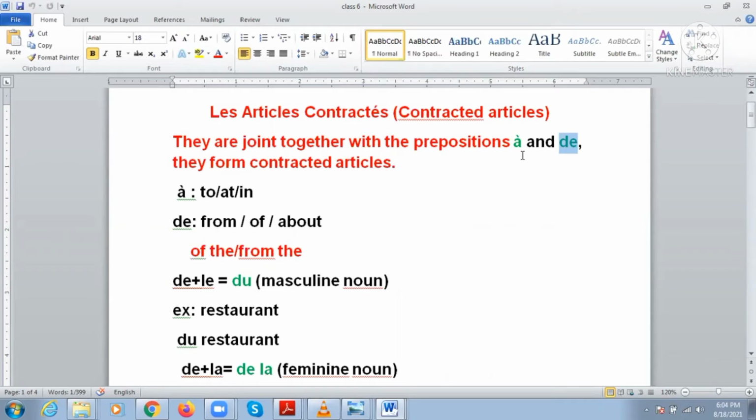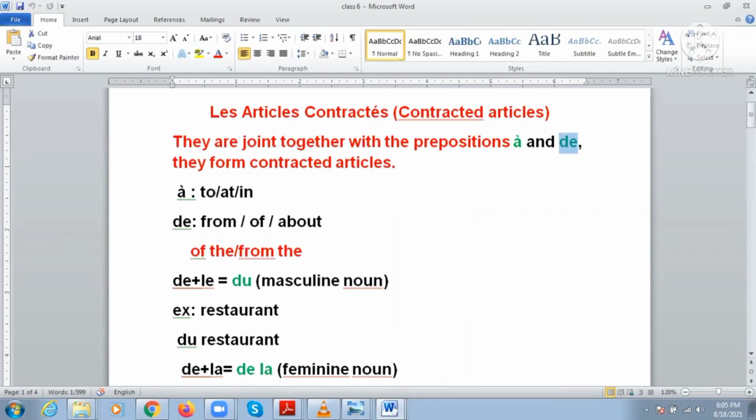And these are normally used before places. Generally, before places like restaurant or any country. Okay. So we use contracted articles for of the, from the, about the, or to the, at the, in the.